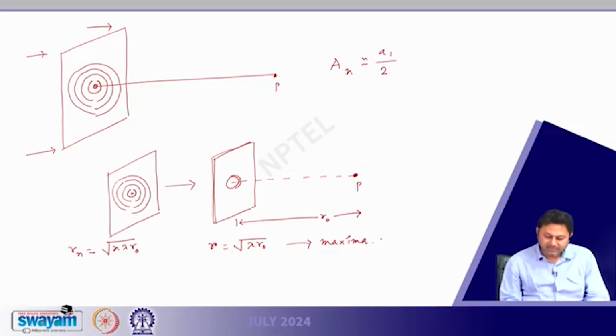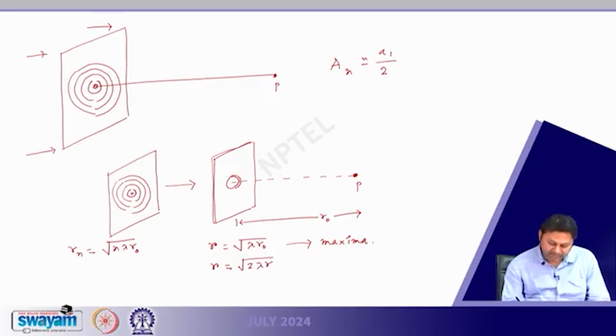Now, interestingly, if I increase this aperture such that it is allowing not one zone, but two zones, then this aperture will have a value like root over of 2 lambda r naught.